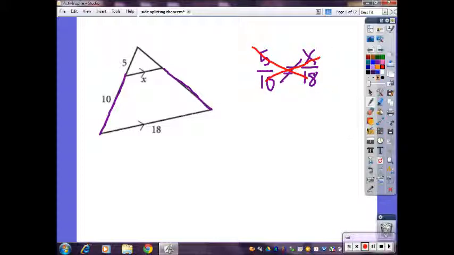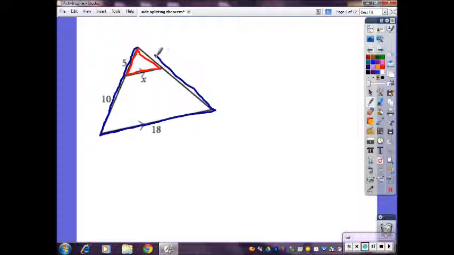What I want to do instead is think little triangle, big triangle. So my little triangle is this small one here created by the parallel line, and my big triangle is this larger one here.